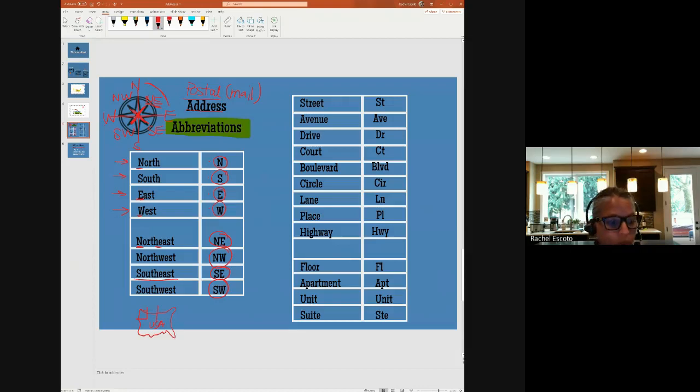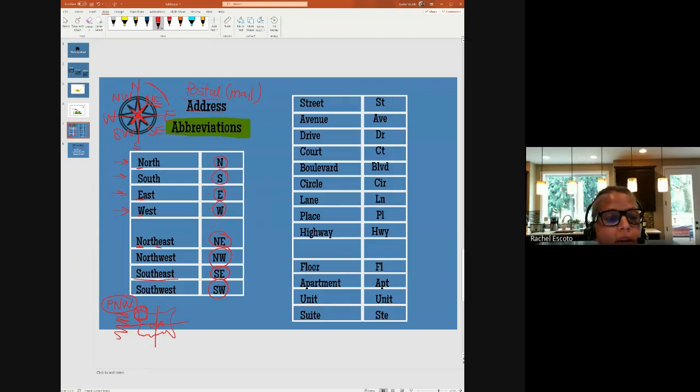You will hear people say we live in the Northwest. They will actually call it the Pacific Northwest because over here is the Pacific Ocean. So we call the area we live in, Oregon, Washington, Idaho, the Pacific Northwest or the PNW.